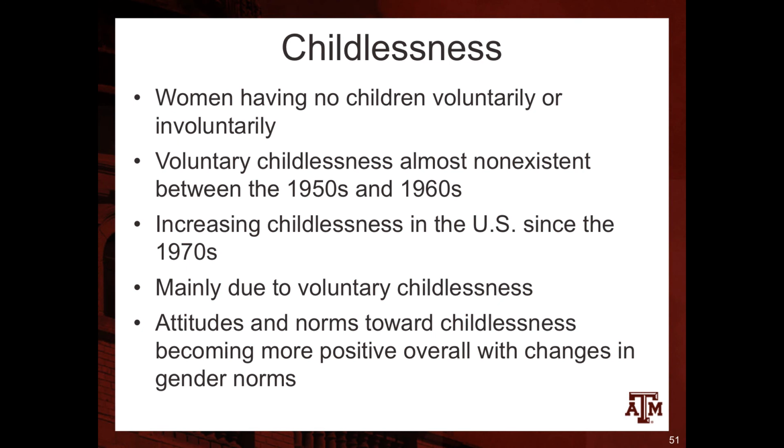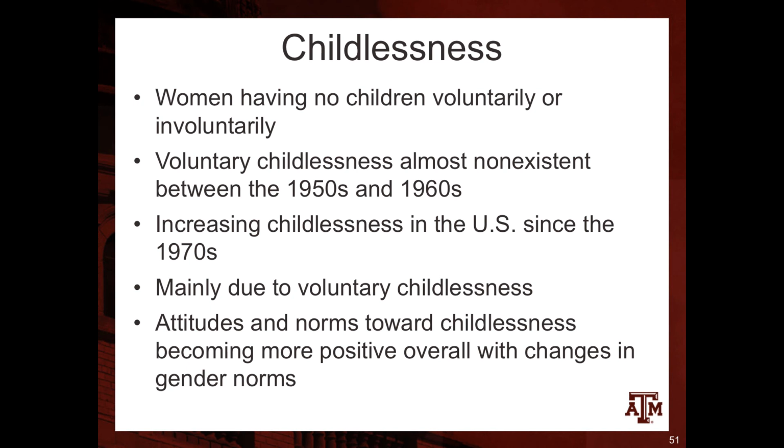And now, talking about childlessness, women having no children voluntarily or involuntarily, we have been seeing an increase in women who don't want to have children at all during their life. Voluntary childlessness almost didn't exist between the 1950s and 1960s, and we have been seeing an increase in childlessness in the US since the 1970s.